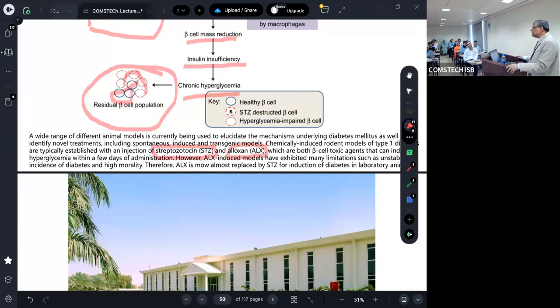The best way is to see how many scientists used streptozotocin and how many used alloxan to make their model. This is the best way. Even if it is streptozotocin, you have to choose the specific company. It is reported data. Don't believe their company data.